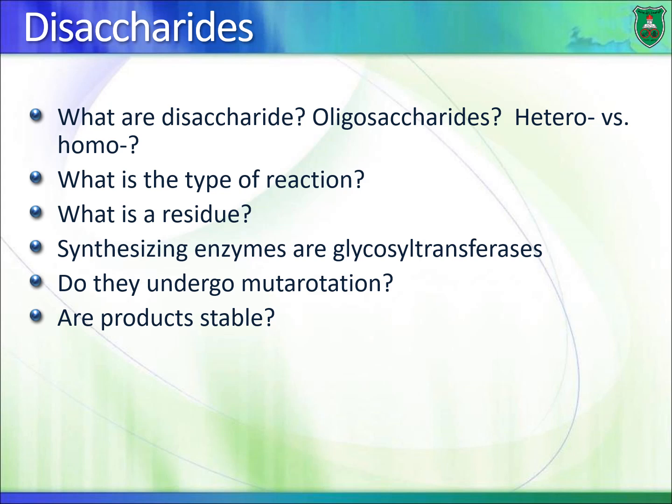It doesn't undergo mutarotation. So if the anomeric carbon is in the alpha orientation, it stays in the alpha orientation. Same thing if it is in the beta orientation.